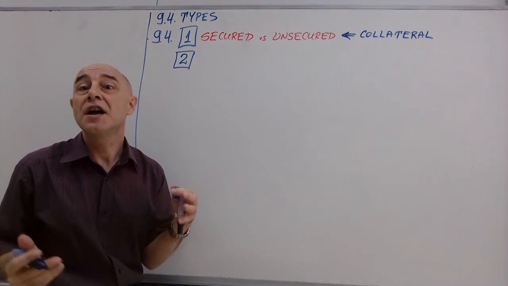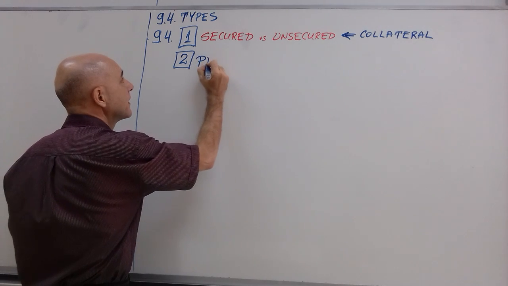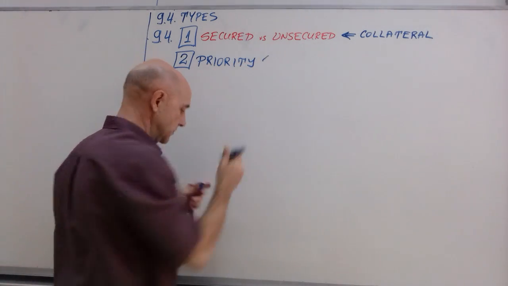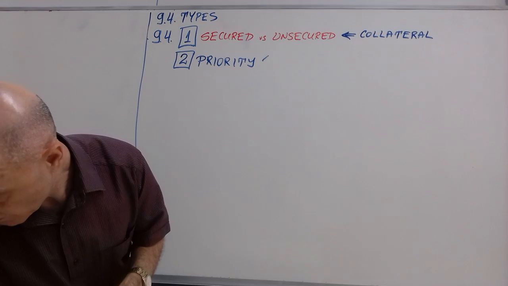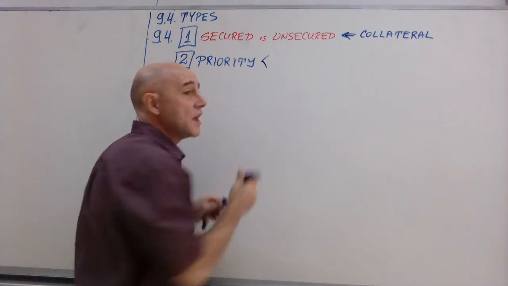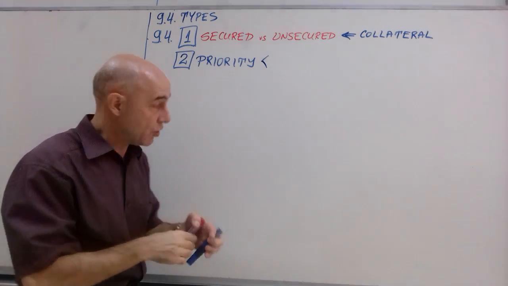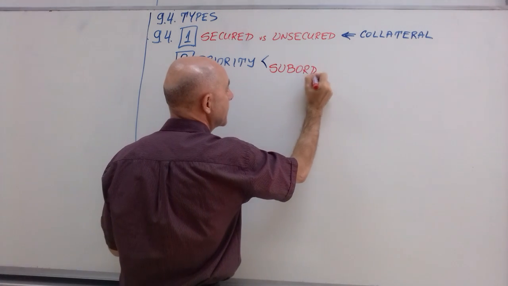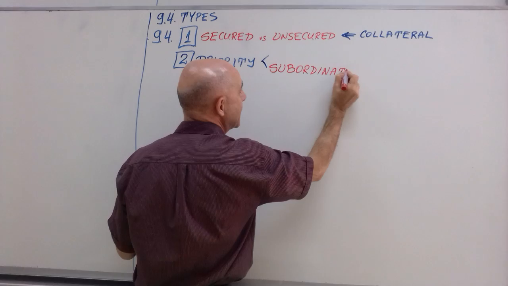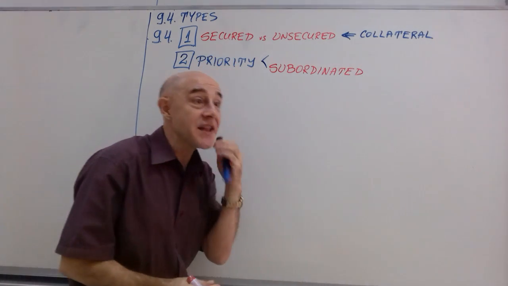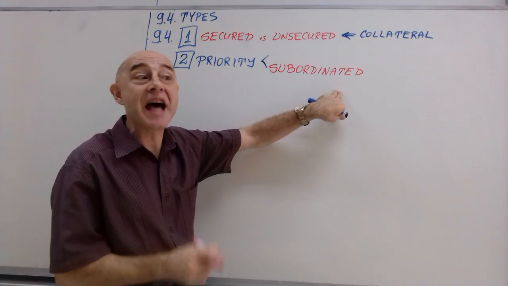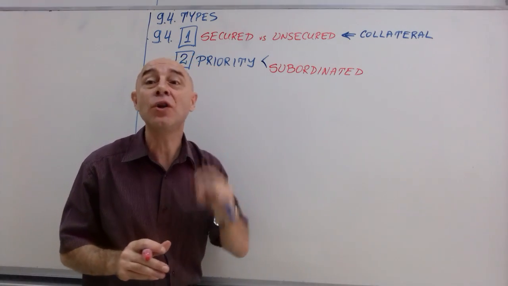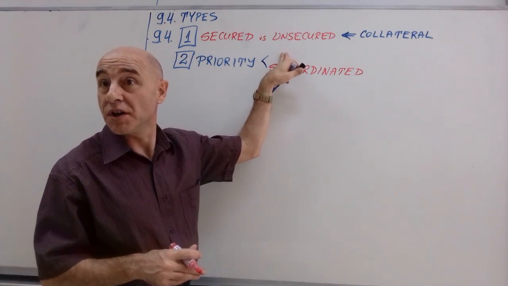Number 2 is priority. If it's a lower priority, we call it subordinated. Subordinated means it gets paid after all other bonds are paid. Now, after all other unsecured bonds.